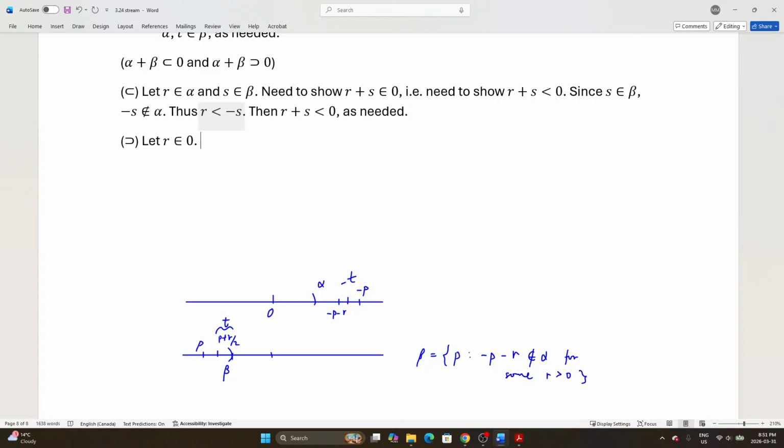We need to exhibit elements from alpha and beta, let's say P and Q, P in alpha and Q in beta, such that R is equal to P plus Q. So that's what we wanted.